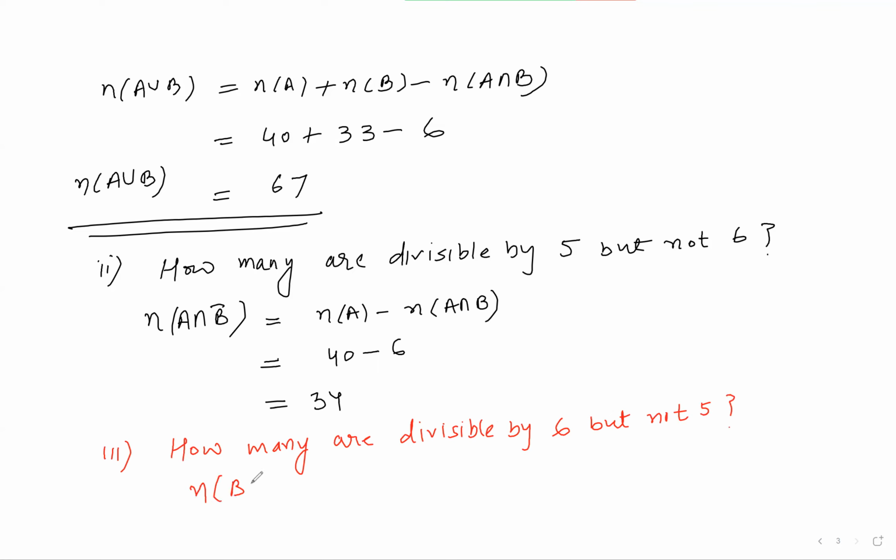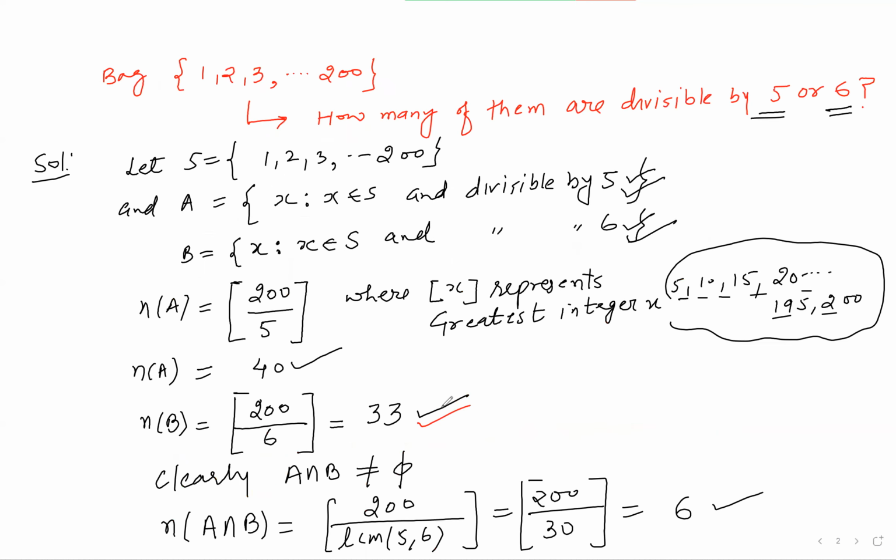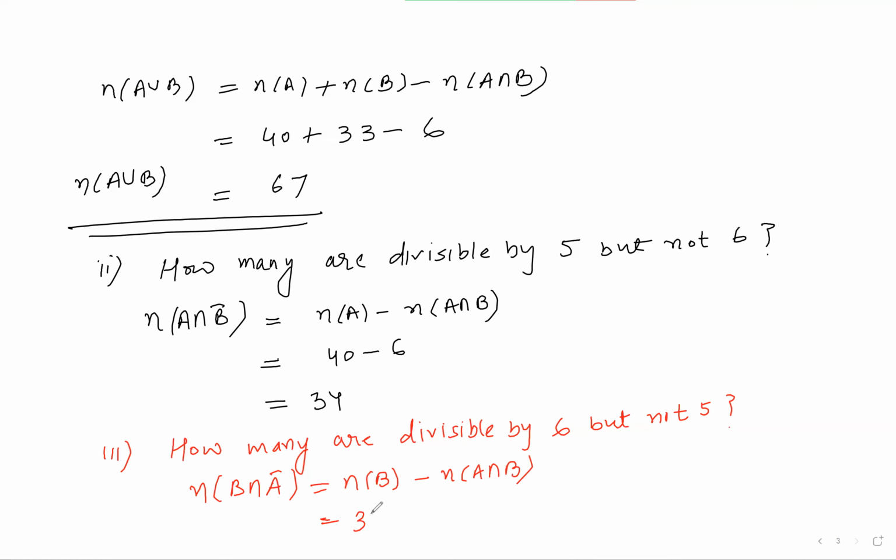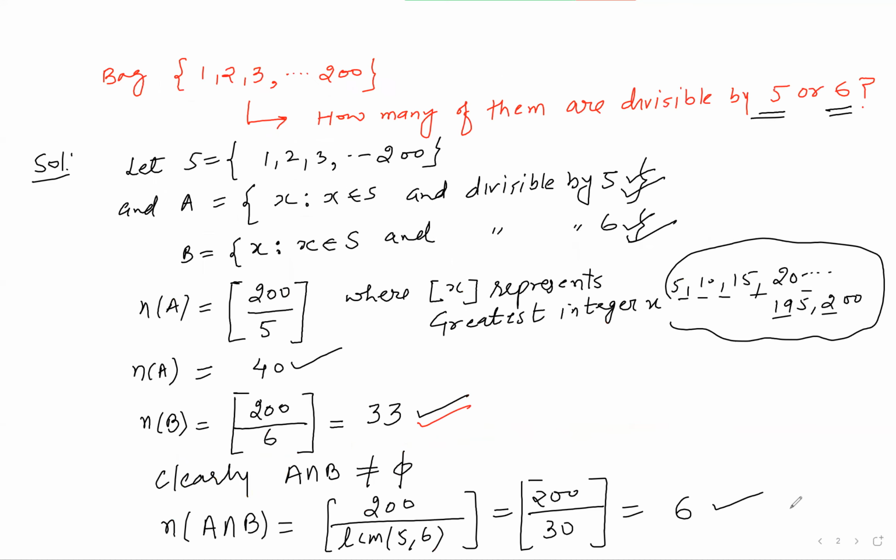This is B and not A, and should be numbers in B minus numbers in A intersection B. And I hope here we already have computed numbers in B, 33, and intersection is 6. Result is 27. Right? So this is basically how we apply this principle of inclusion and exclusion.